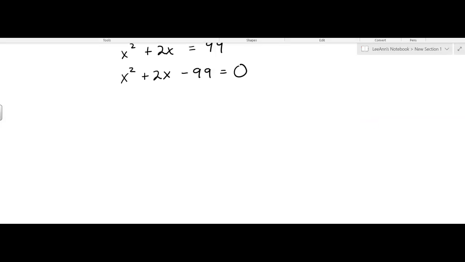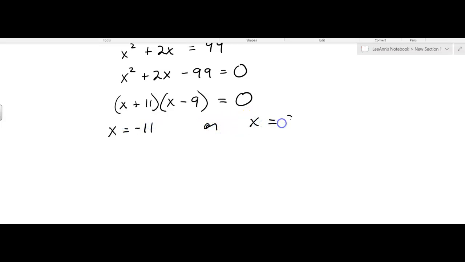Okay, so we probably won't see any u substitutions here, but okay, how does this factor? Well, I think it's going to be 9 and 11. I'm going to want the positive 11 and a negative 9. That's what I want. Now notice that I get 2 solutions. X could equal -11 or x could equal 9.